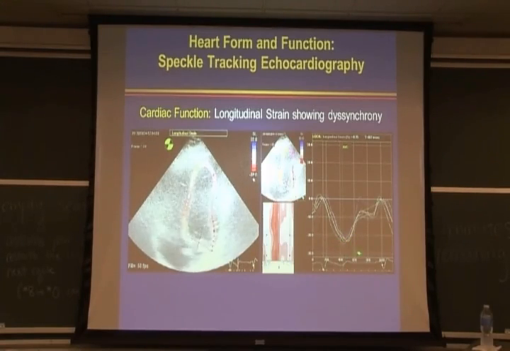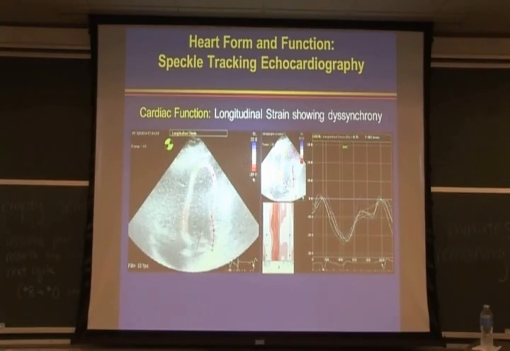The one which is at the base is contracting late. The one which is at the apex is contracting earlier, and the one which is more towards the apical part of the left side is contracting the earliest. So they have what we call mechanical dyssynchrony.